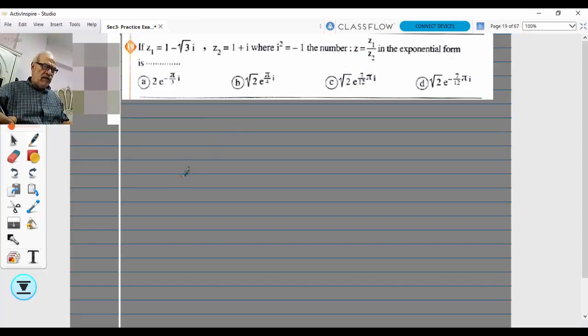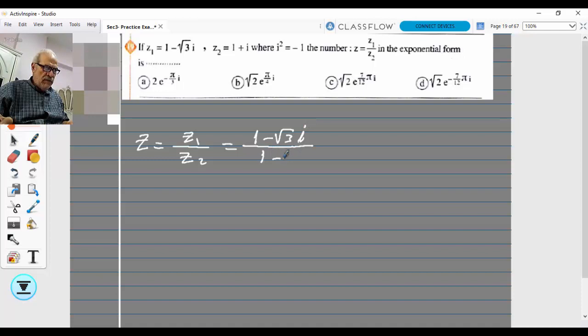Of course, we can use the calculator to find z, which equals z1 over z2, equals, here we write in the numerator 1 minus root 3i. The denominator will be 1 plus i.